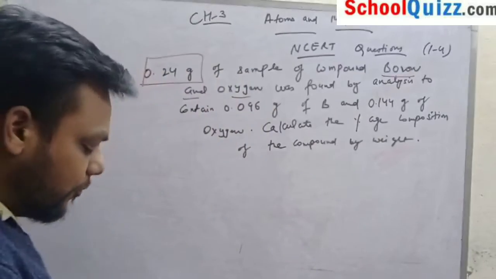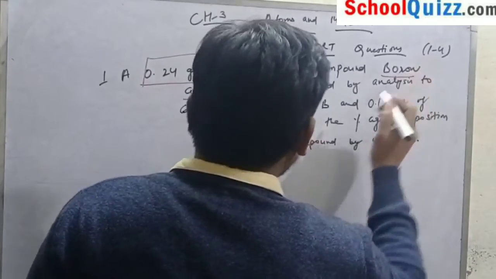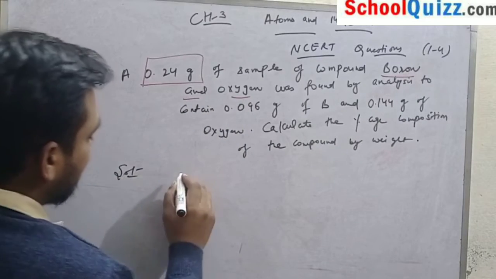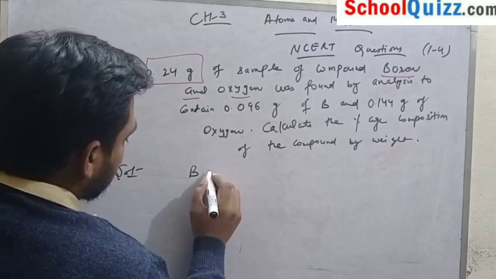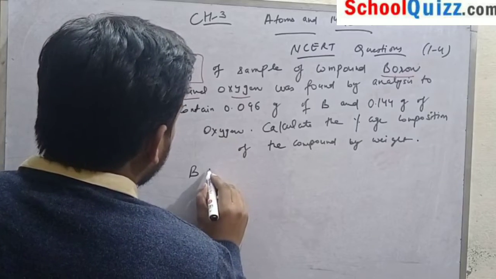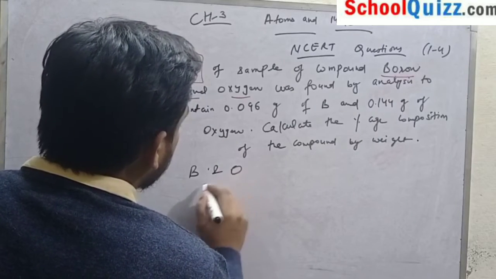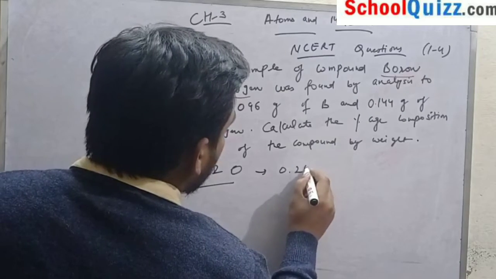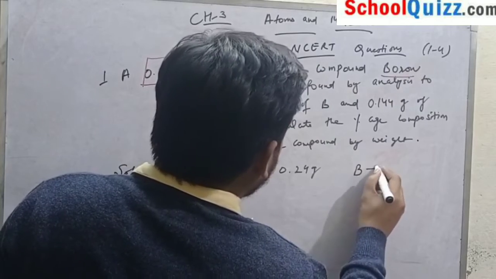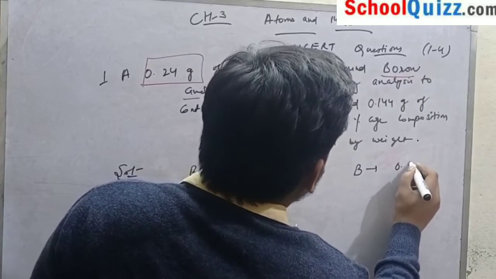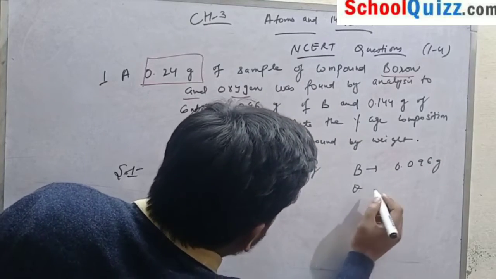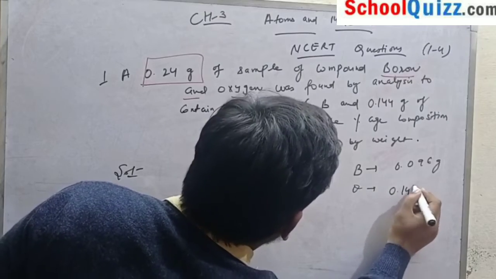So the solution is, the compound is made up of boron and oxygen, whose weight is 0.24 gram, in which the weight of boron is 0.096 gram and the weight of oxygen is 0.144 gram.